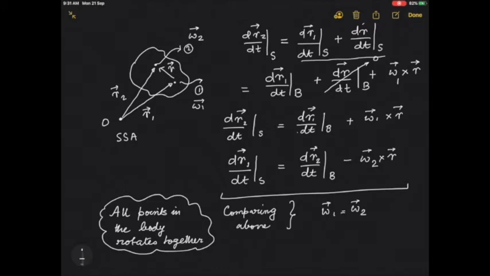So remember what we did. There is a motion of this body which is of concern, and the motion can be a translation plus a rotation. To analyze this motion, first we consider any point r1, and we said that I will consider the translation of r1 and then the rotation with respect to that.